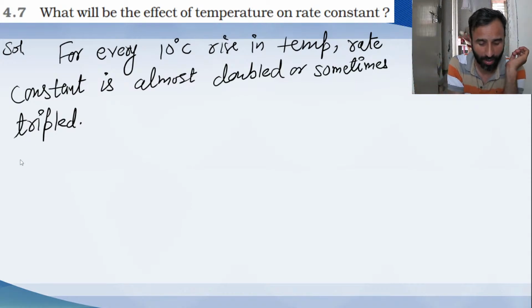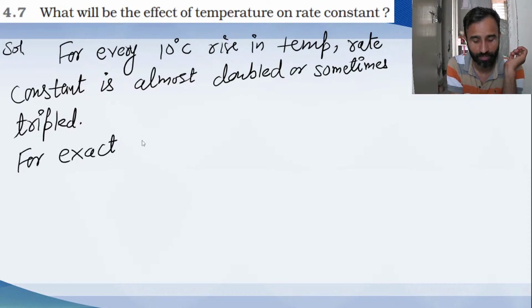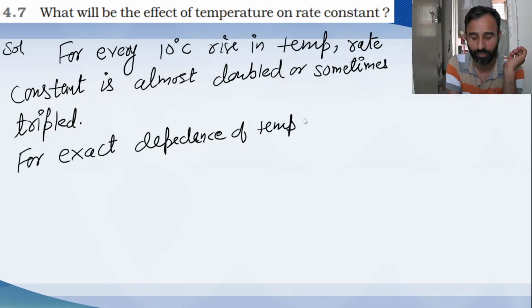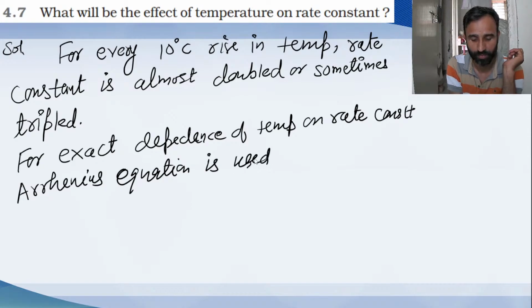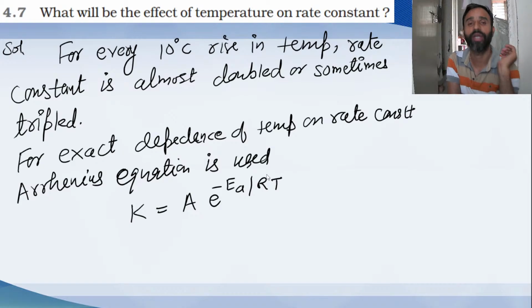Okay, and for exact calculation, for exact dependence of temperature on rate constant, the Arrhenius equation is used. That is k equals A e raised to power minus Ea by RT.